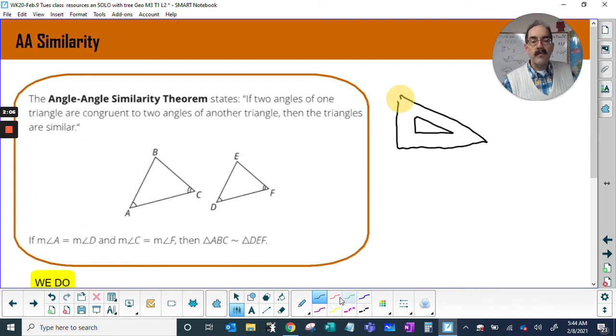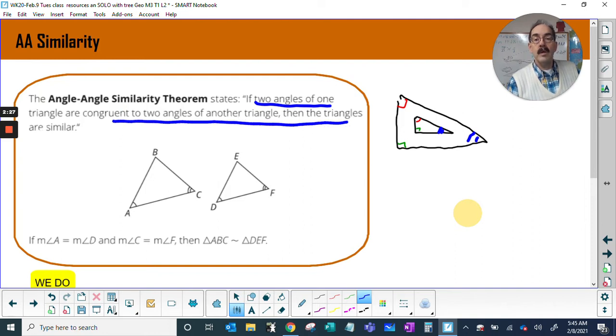Now, when I do that, this angle is the same as this angle. 90 degree, 90 degree. Angle, angle, angle. All the angles are the same. If all the angles are the same, then we know the 2 triangles are similar.